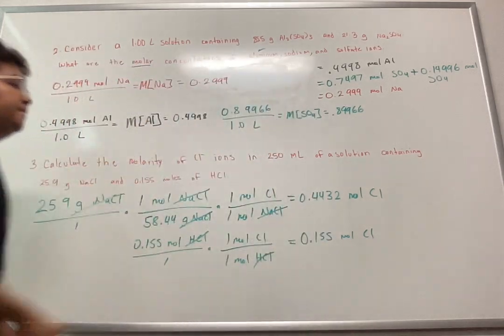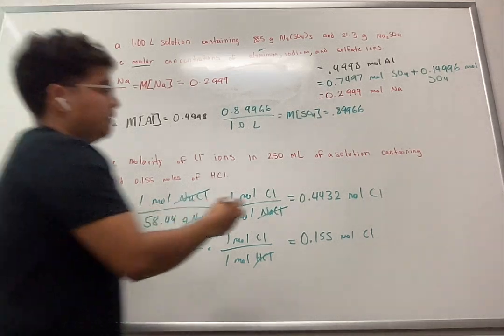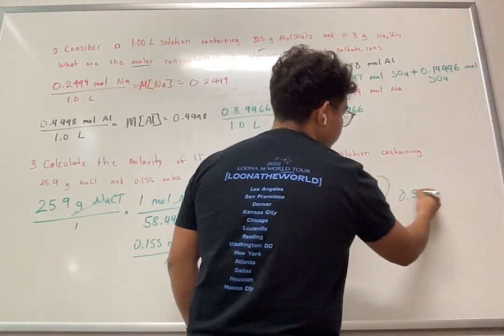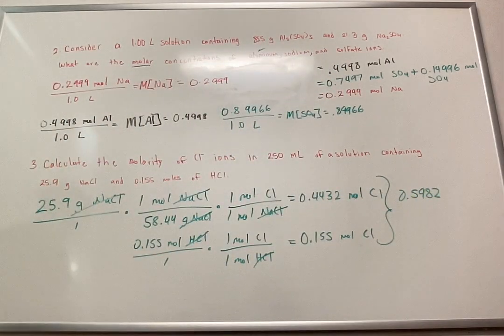We add these up, okay, 0.4432 plus 0.155. Oh God, almost messed up. Okay, 0.4432 plus 0.155. We get 0.5982. I hope you guys can see that.